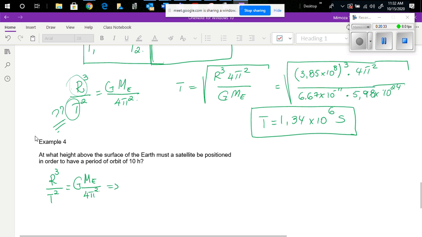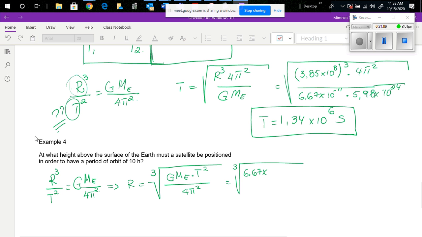And in this case, what we will look for is the radius. So it will be the cube root of G, mass of the Earth, times T squared over 4 pi squared. And now we know everything on here. The common mistake that the students make here is they take the square root instead of the cube root.